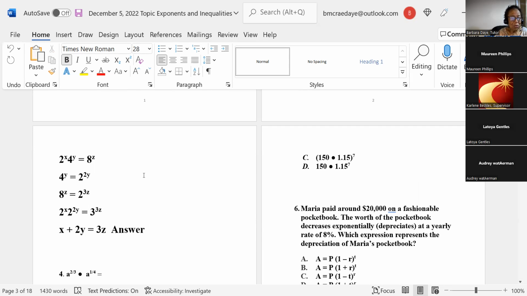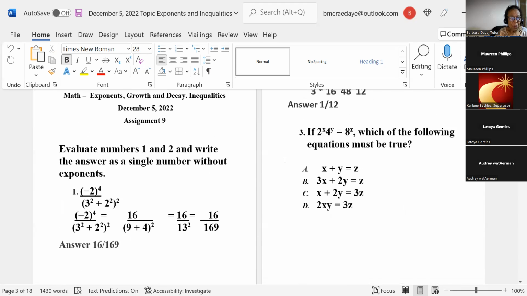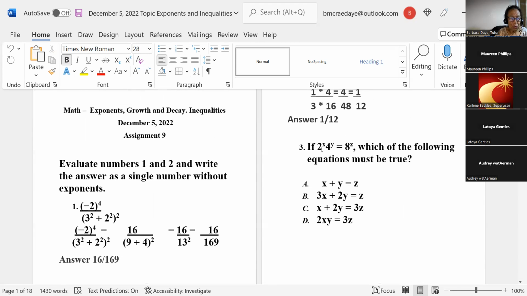When you look at this, 2 to the x, 4 to the y, 8 to the z, you know that the factor 2 goes into is 2, and 8 is also 2, because 2 to the third power is 8, and 2 to the second power is 4.